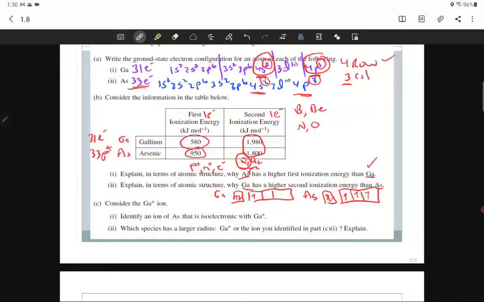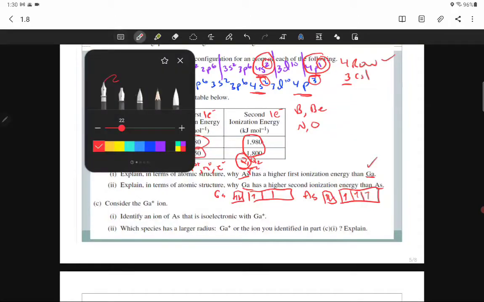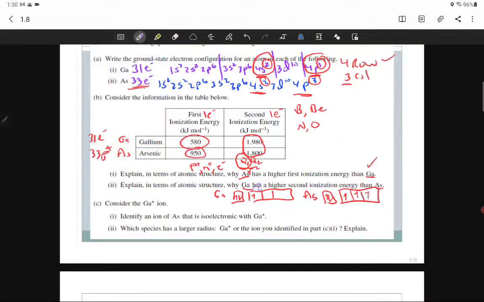It's fairly stable to have half-filled and filled. But gallium, on the other hand, has this singleton electron in the p orbital there, and that's not very stable. It's fairly easy to lose that electron, for it to go bouncing away.